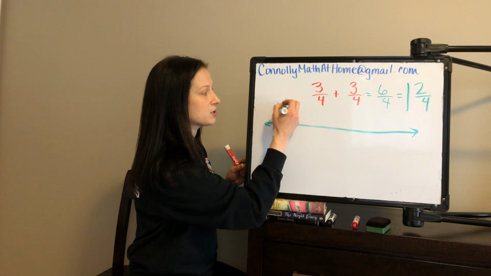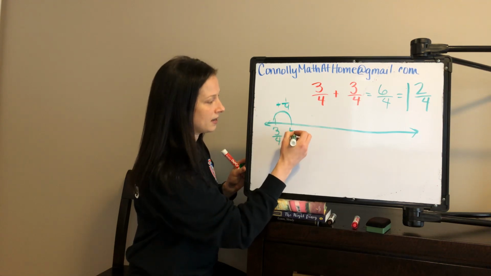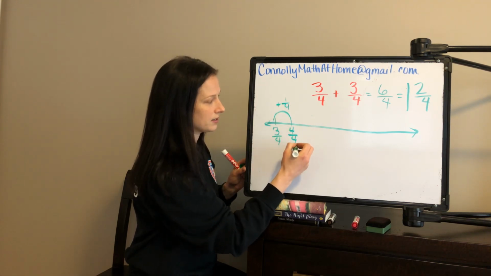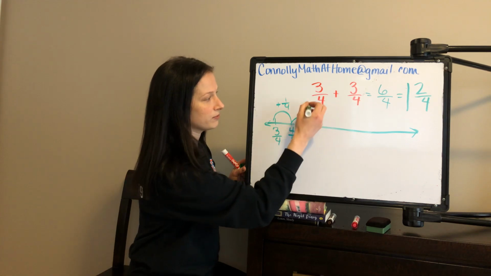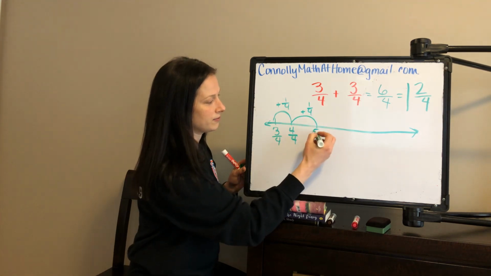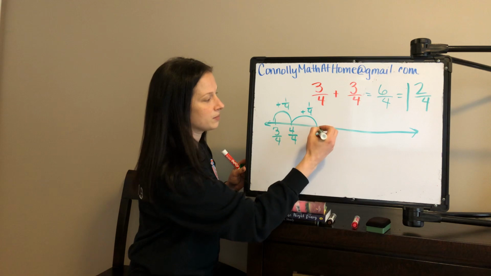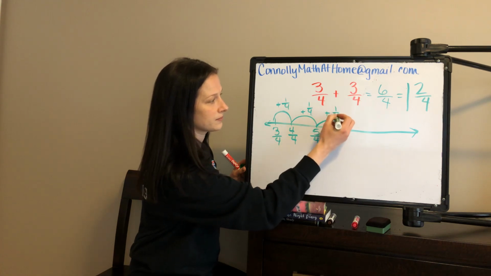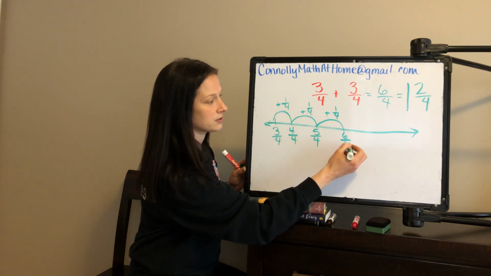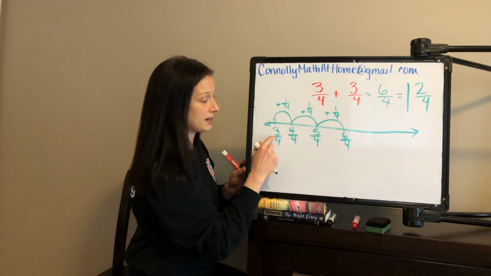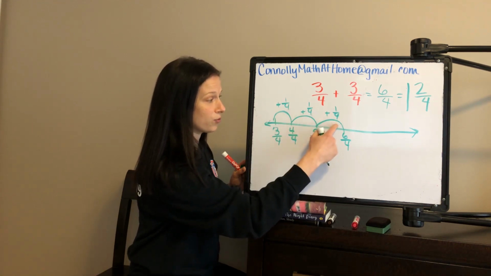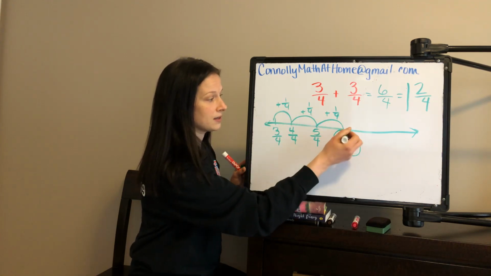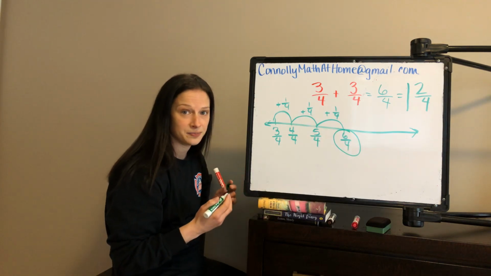So I label plus 1/4, 4/4, plus 1/4, 5/4, plus 1/4, 6/4. So I started at 3/4, I added 3/4, and we know that our answer is there.